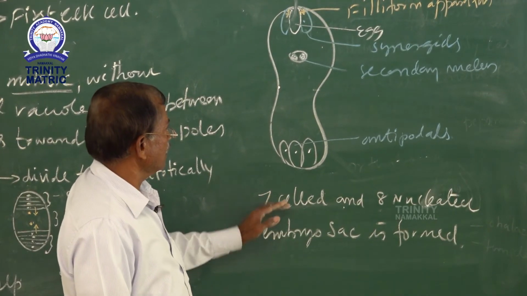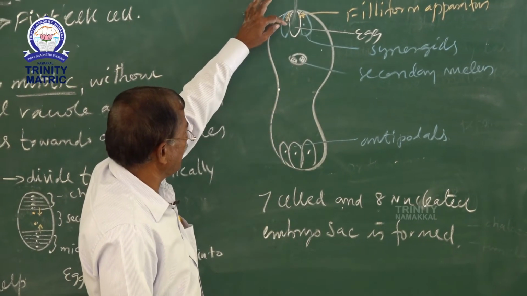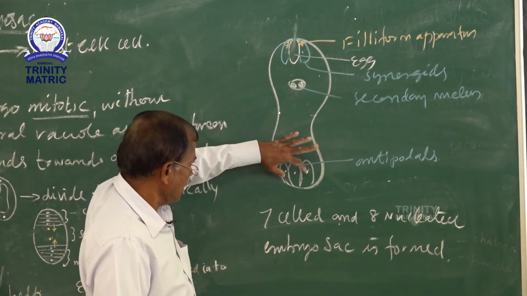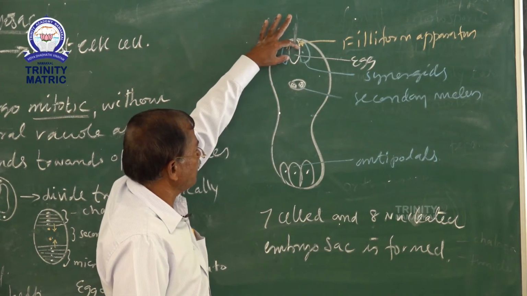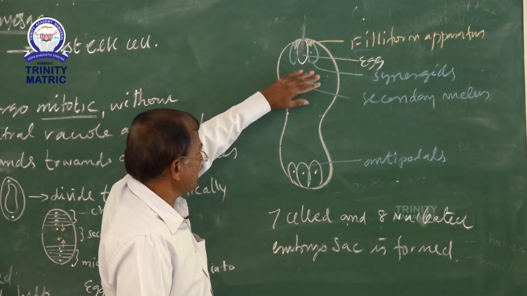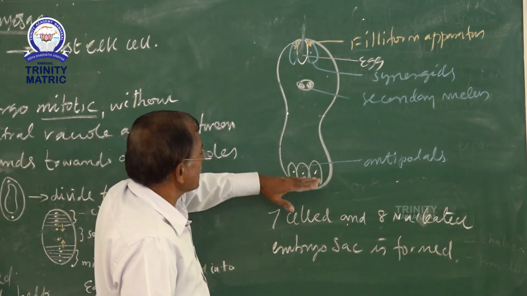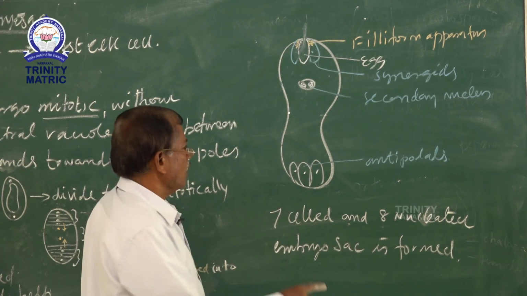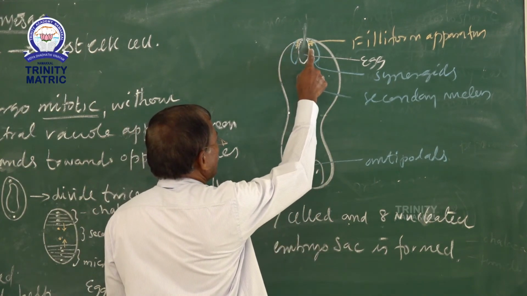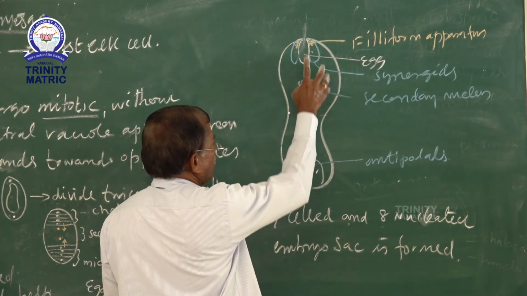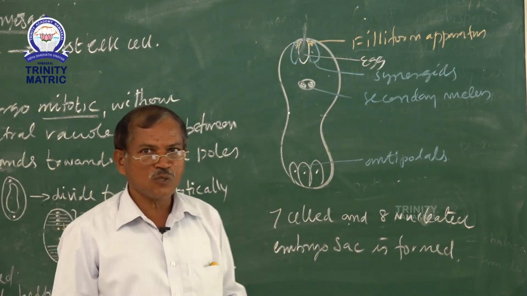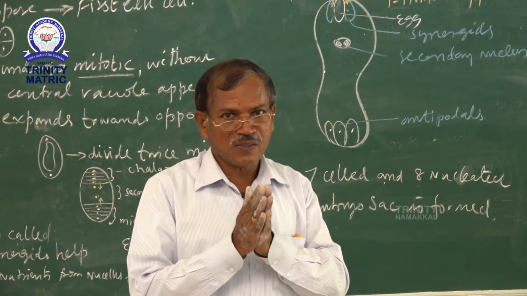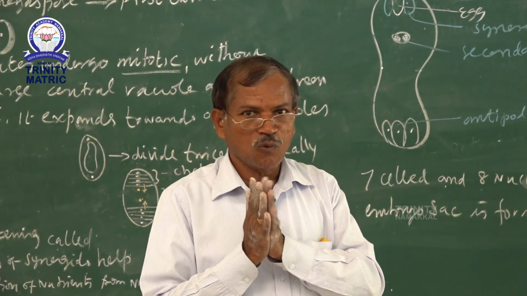What is 7-celled? Three antipodals, three in the egg apparatus makes six, and one central cell makes seven. This is called a 7-celled embryo sac. How many nuclei are there? Eight: three, three above, and two secondary nuclei in the middle. So in most angiosperms, a 7-celled, 8-nucleated embryo sac is formed.